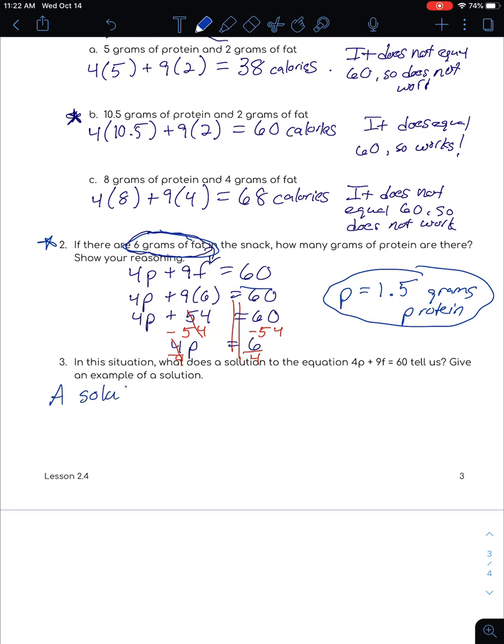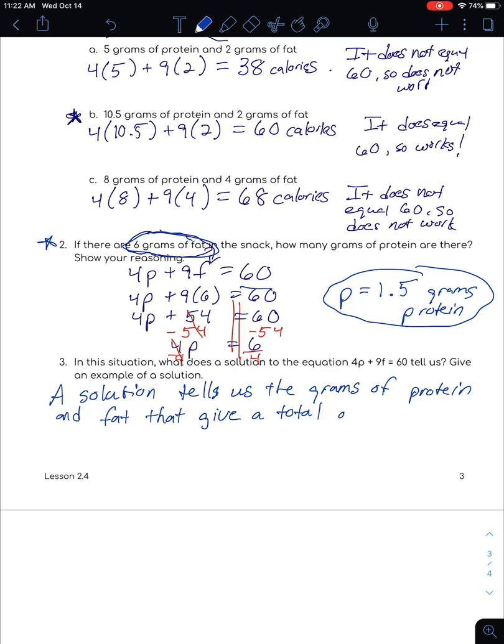So a solution tells us the grams of protein and fat that add up to a total of 60 calories.